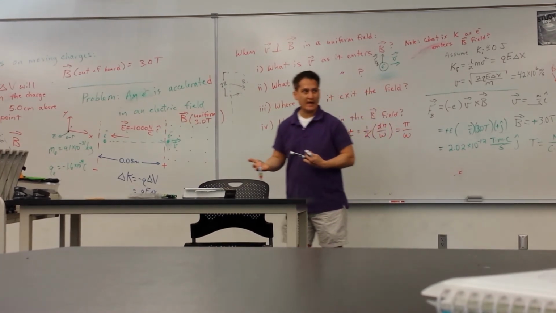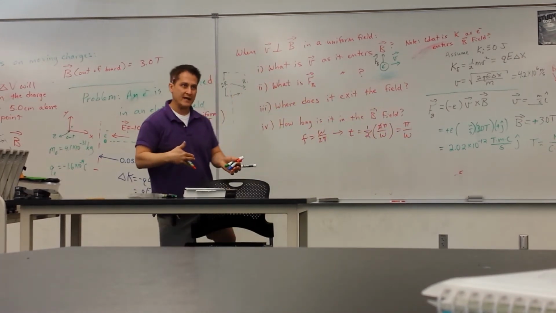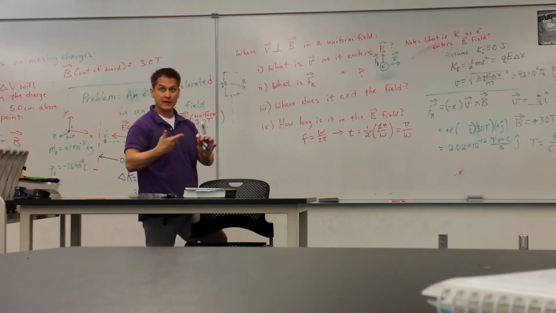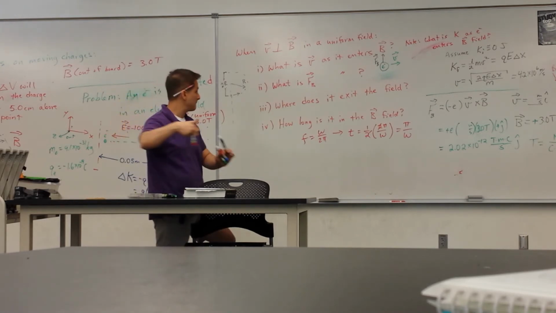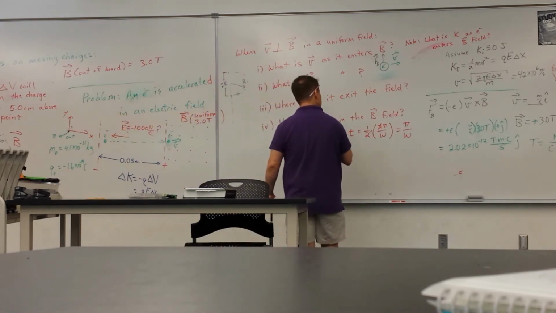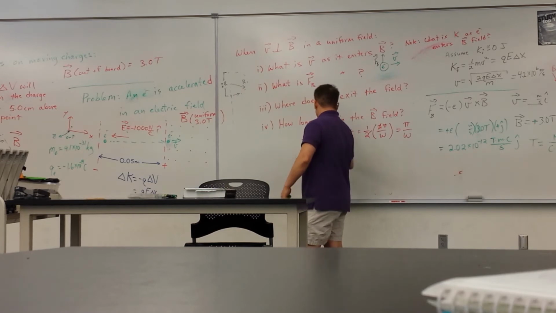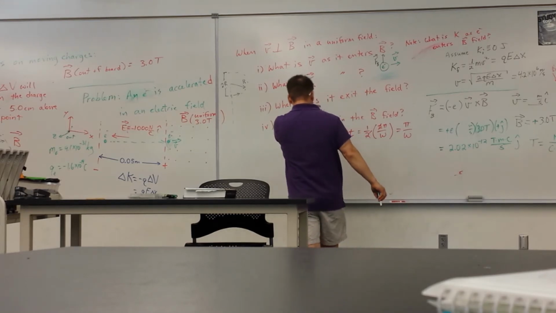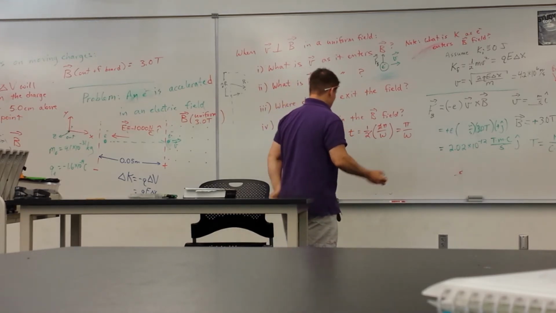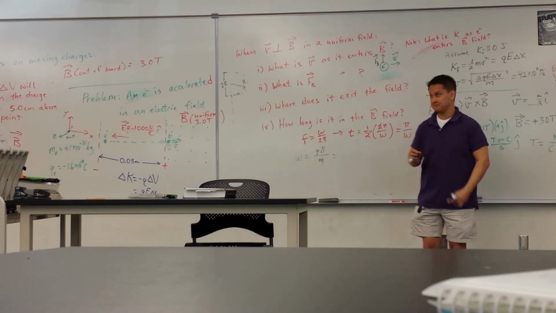Think of pi in radian units, omega in radians per second units, and you'll get units of seconds. Now to get omega, it had something to do with Q, B, over M. First time we have to actually calculate M.